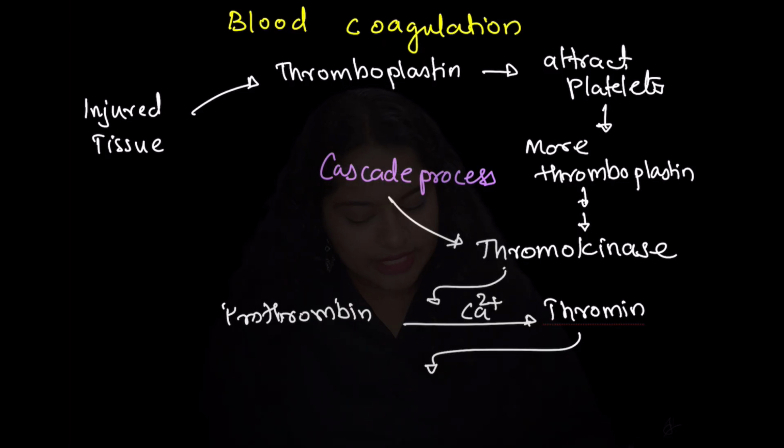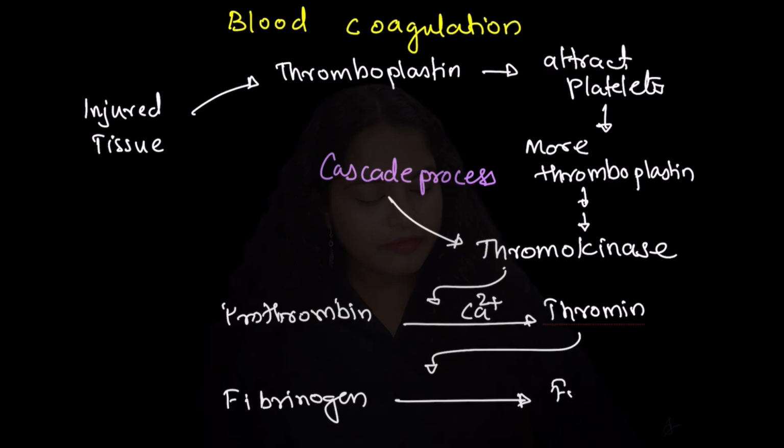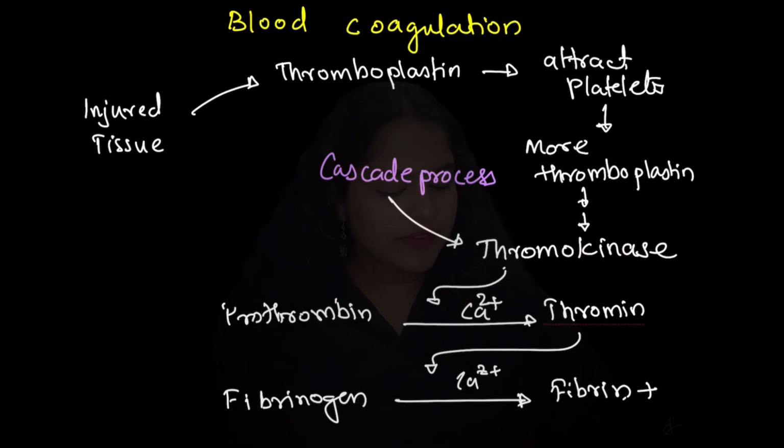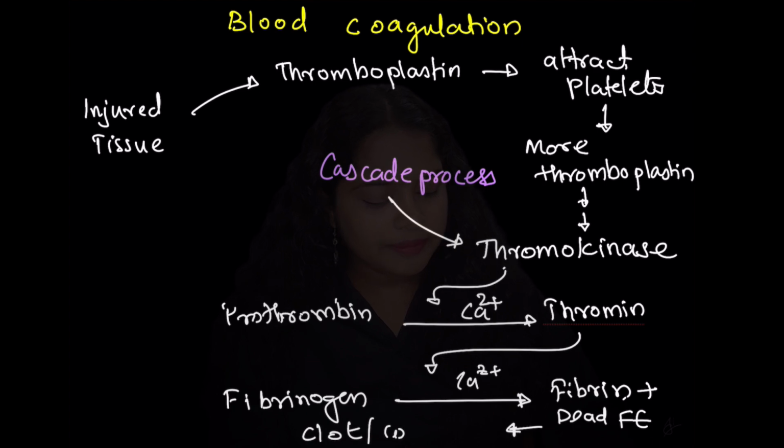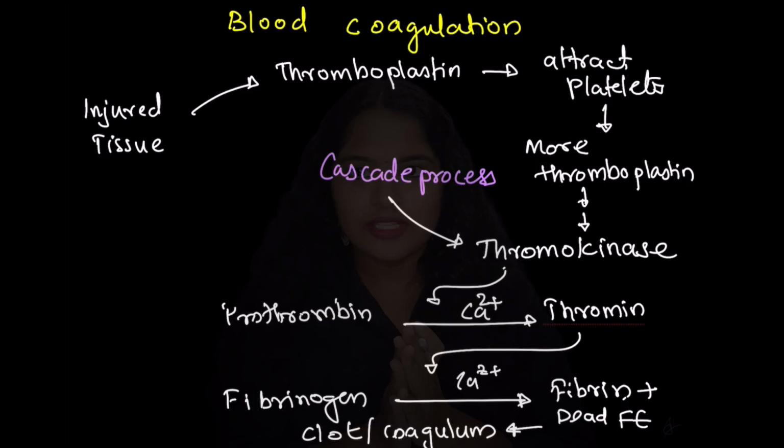Thrombin will activate the inactive fibrinogen present in our body into the active form, that is fibrin. This also occurs in the presence of calcium. These fibrins, along with the dead formed elements, will form the clot or coagulum. So this is how blood coagulation takes place.